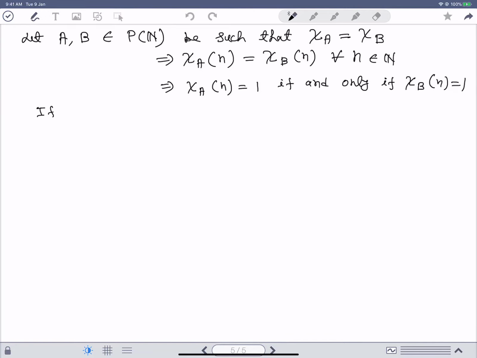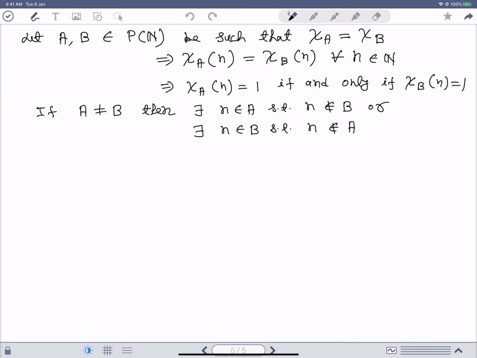If A is not equal to B, then there exists n belonging to A such that n does not belong to B, or there exists n belonging to B such that n does not belong to A. That is the reason these sets are not equal, right?